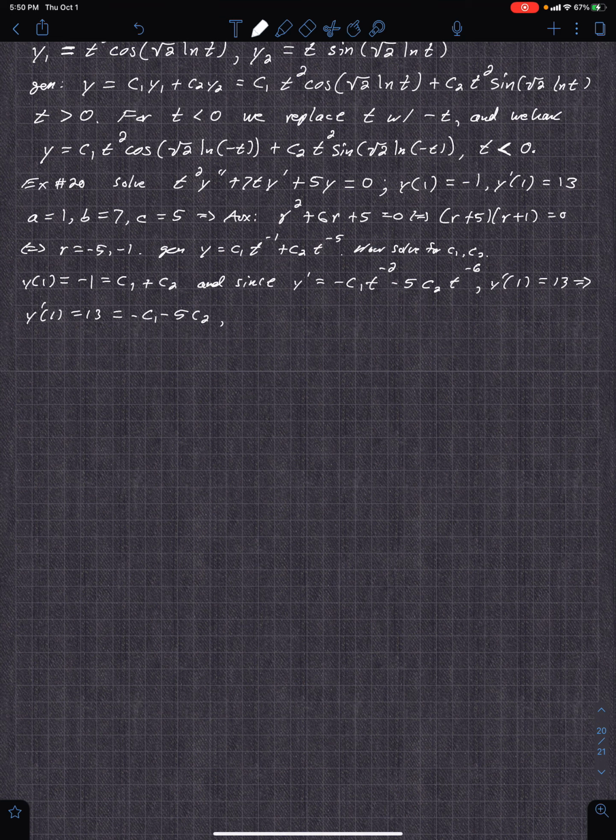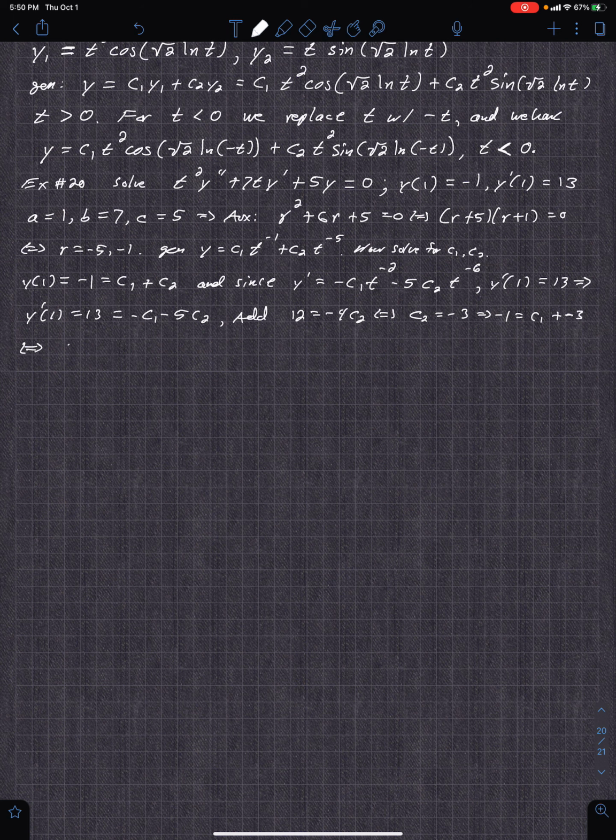And I lined them up real nicely there, so you can see, all you have to do is add these now. You just add those up, that's 0. So I'll just show you these next few steps. Add, you get 12 equal to -4C2, and hopefully you got it from here. C2 is equal to -3. So -1 is -C1 plus -3. So you're just substituting back to solve.